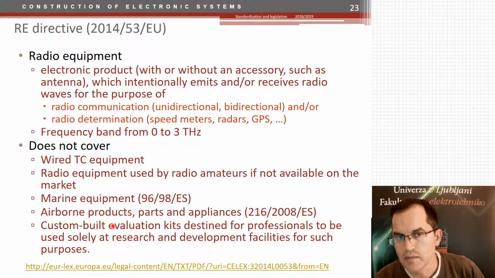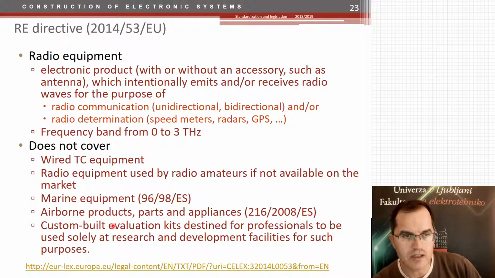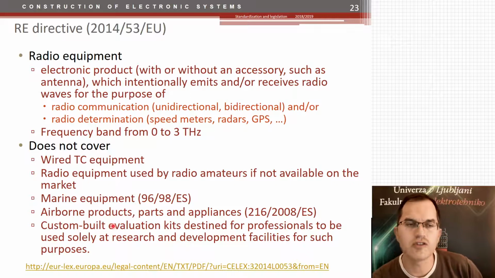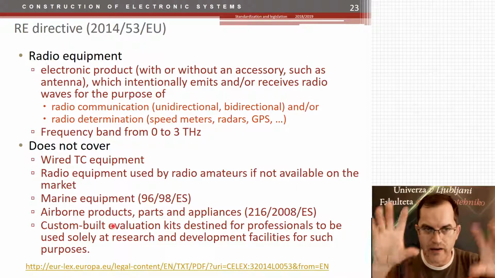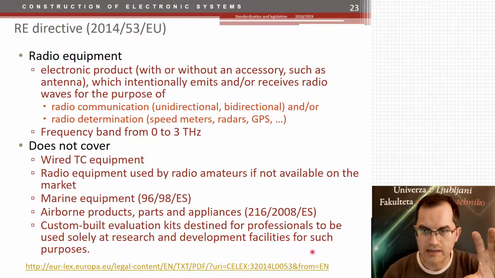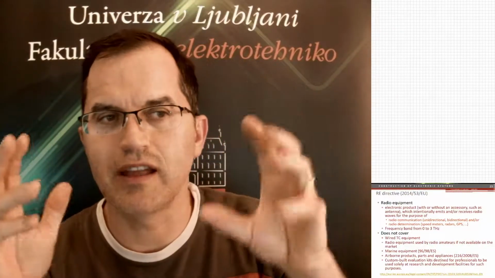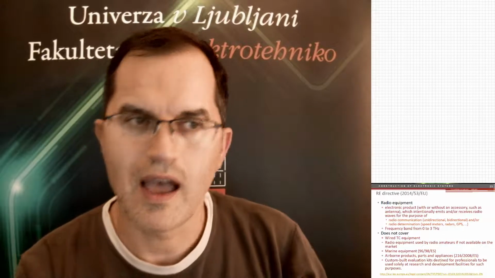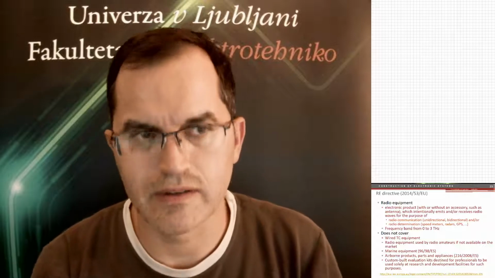That's quite new, because in the old directive only the transmitters were included, not the receivers. Now in this new radio equipment directive, everything is included that can intentionally radiate or intentionally receive radio signals. So if we compare those two, we would say that the EMC directive is talking about unintentional radiation of devices, and the radio equipment directive is talking about intentionally radiating and receiving devices.